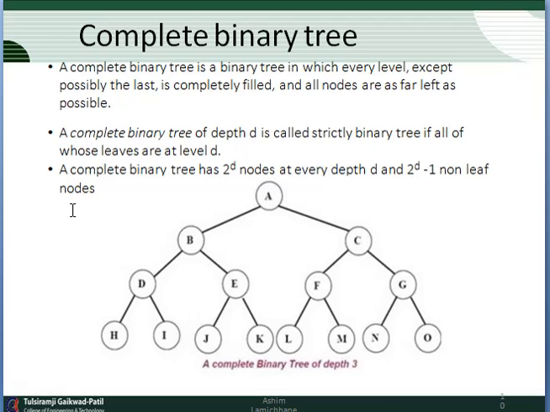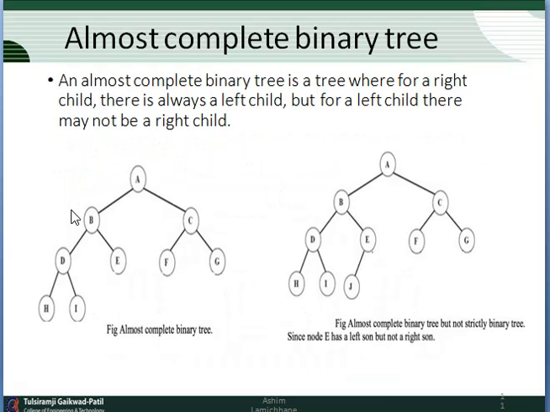Look at the diagram here, where every node except the leaf nodes has two child nodes. A complete binary tree of depth D is a strictly binary tree if all of its leaves are at level D, or at the same level. If all the leaf nodes are at the same level, we can say this tree is a complete binary tree as well.